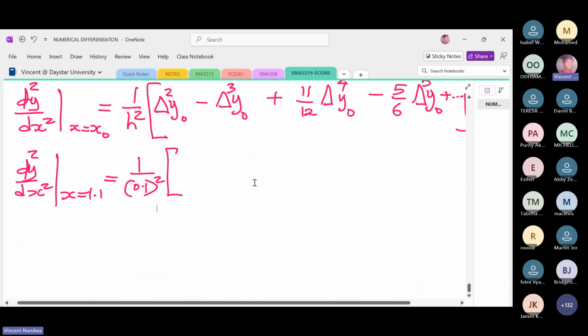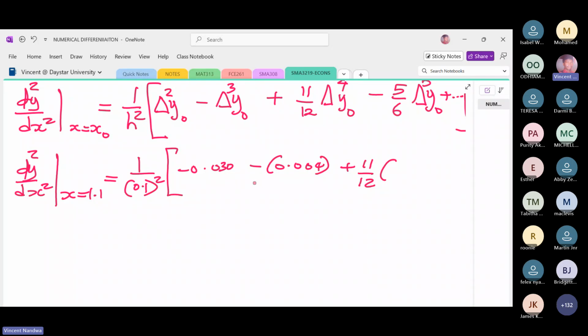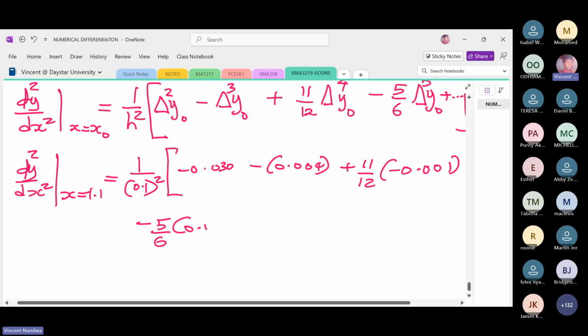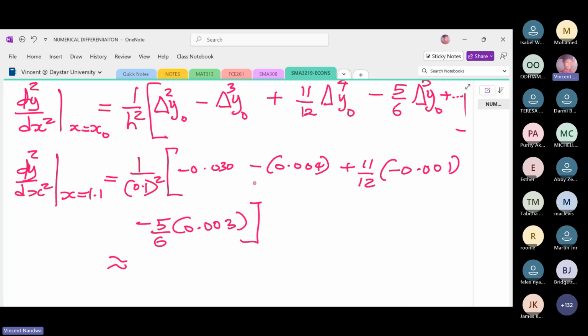So we'll have minus 0.030, then minus 0.04, then plus 11/12 into minus 0.01, then minus 5/6 into 0.003. So in your own free time, confirm that this will give approximately negative 3.74 as the solution for that second derivative.